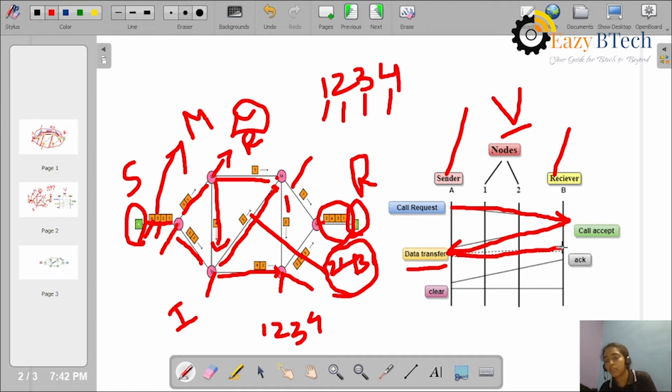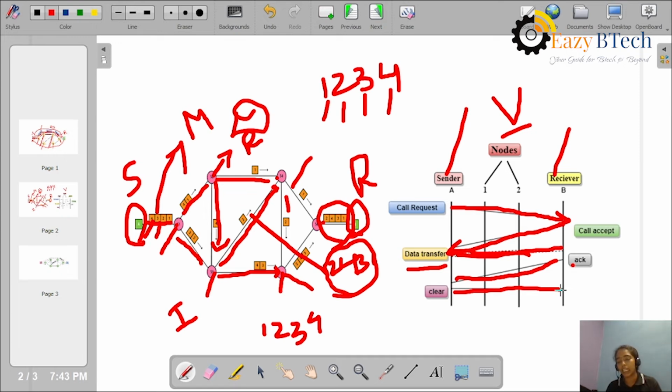After seeing that acknowledgement or message, the sender transfers the data to the receiver. And at the receiver side, an acknowledgement will be given to the sender, meaning the particular message was successfully received. So after seeing the acknowledgement from the receiver, clear the dedicated path.